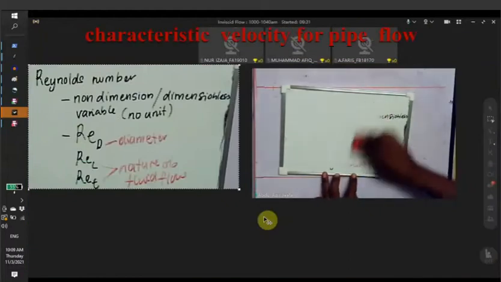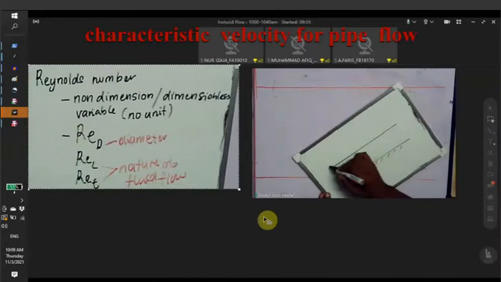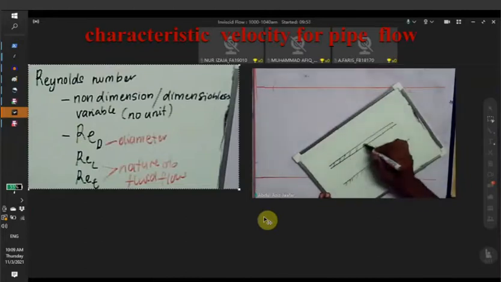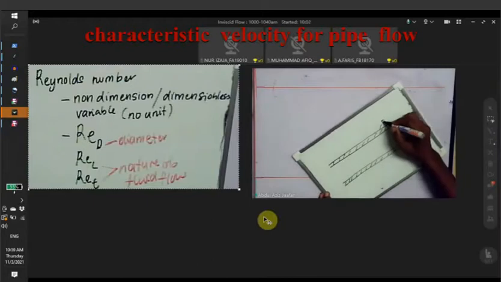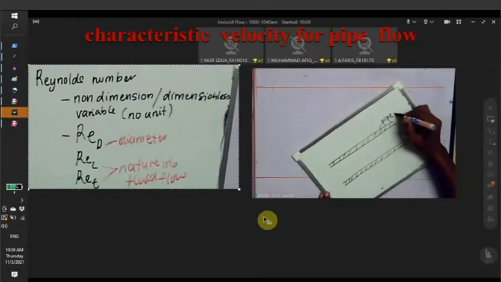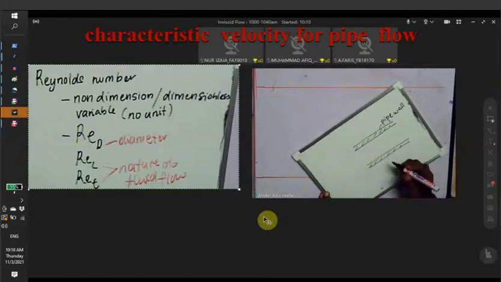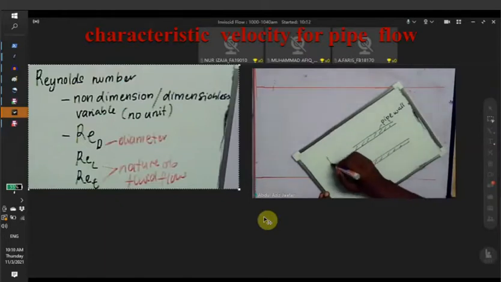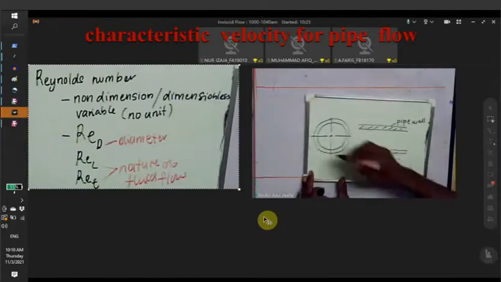And as I said, it's used for specific purposes. So this is the actual physical situation. We have a pipe flow. This is the pipe wall, right? So if I just take a cross section there, this is the pipe wall.